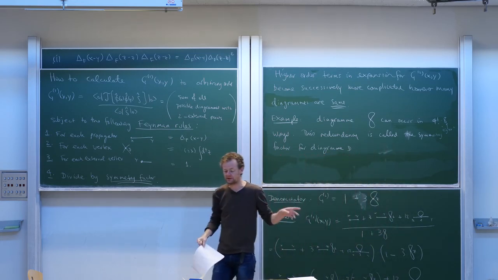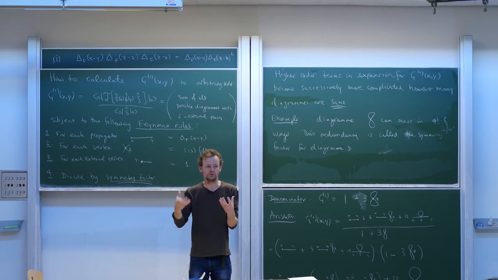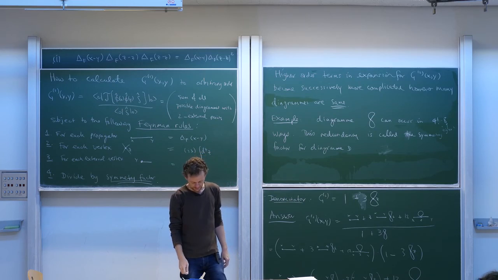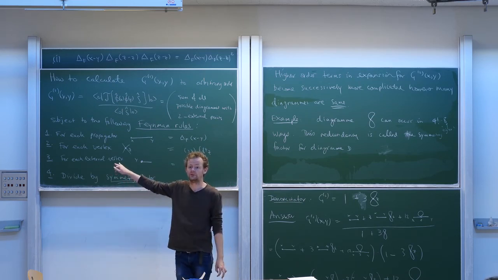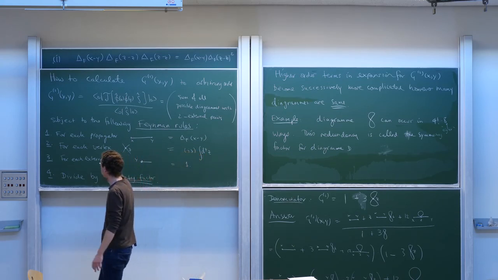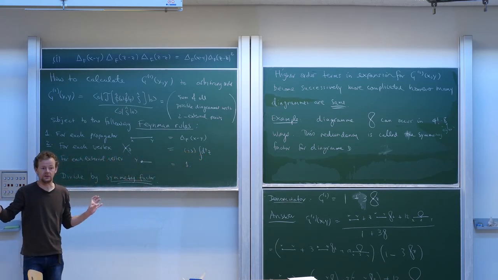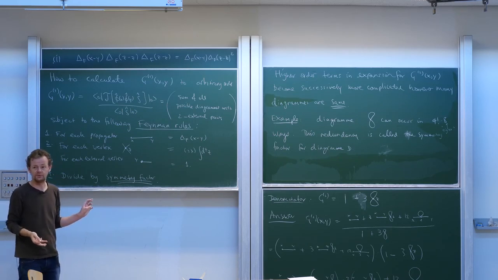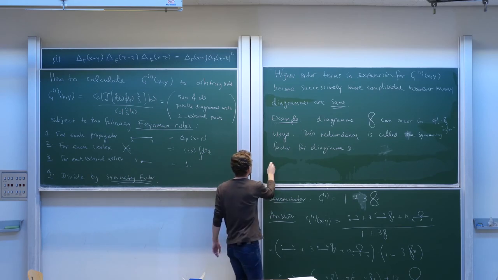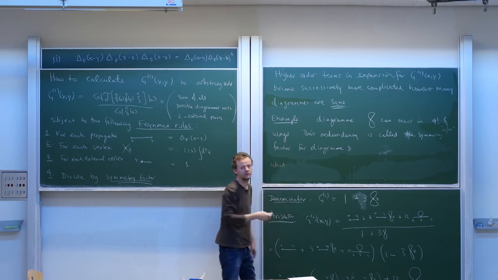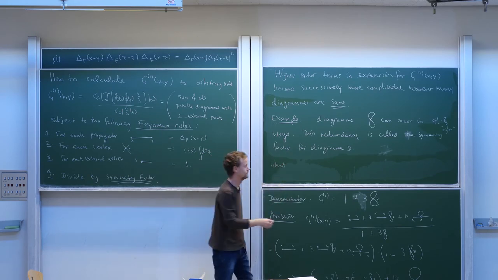So in these expansions, there are only certain ways of graphically drawing a Feynman diagram. But they can occur in many different ways, and that redundancy is called the symmetry factor. What we do when we do an actual Feynman diagram expansion is we just draw down the distinct diagrams and then divide by their symmetry factors, rather than what we did before, which was to keep track of exactly how many copies we had.